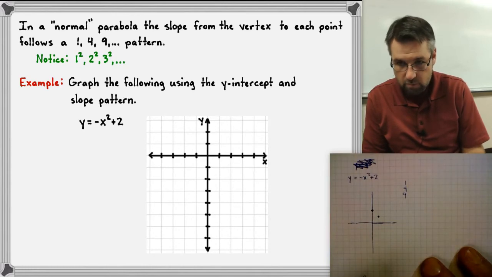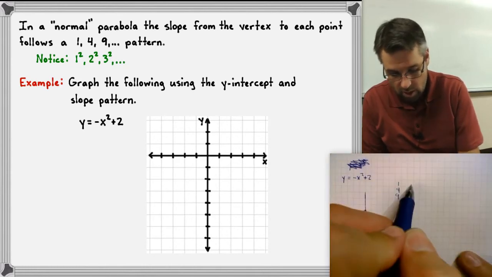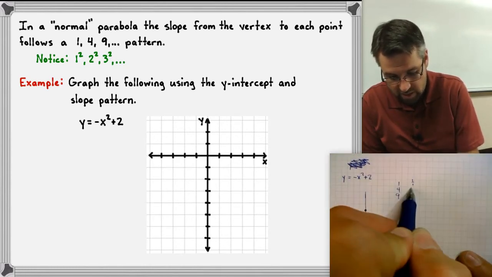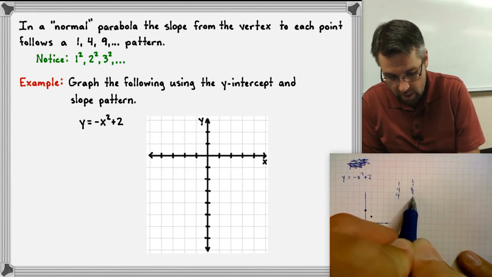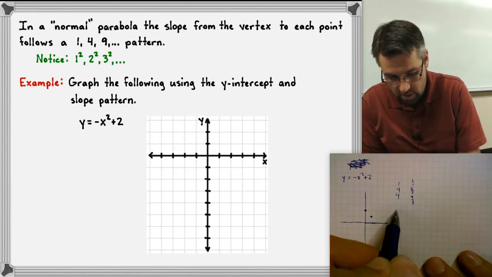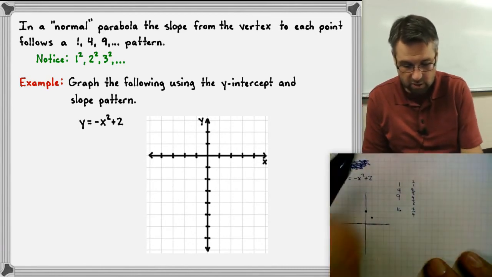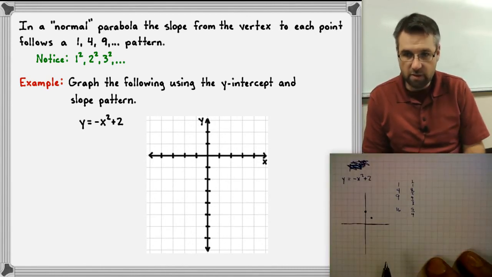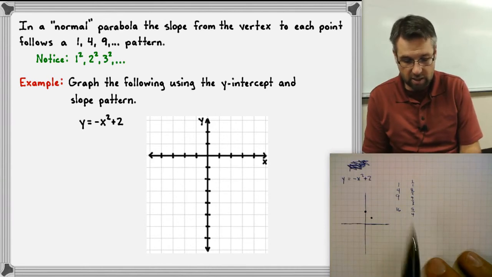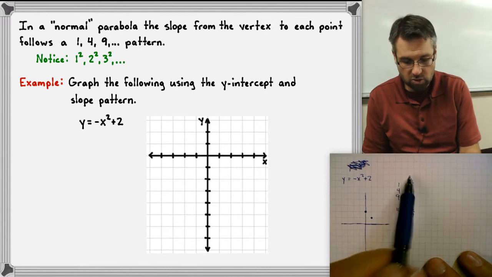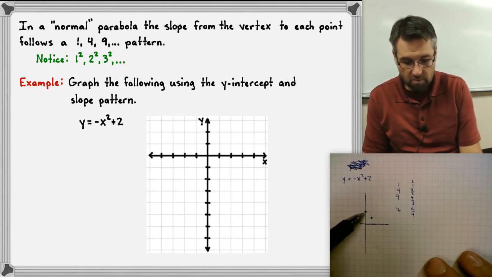Okay? Down 1 and right 1. So 1 over 1. The next one is going to be 4 over 2 and 9 over 3. The next one would be 16, so it'd be 16 over 4. You can kind of see those patterns. We're basically squaring the denominator there to get to the numerator. 4 squared is 16, 3 squared is 9, 2 squared is 4, 1 squared is 1. But always from the vertex.